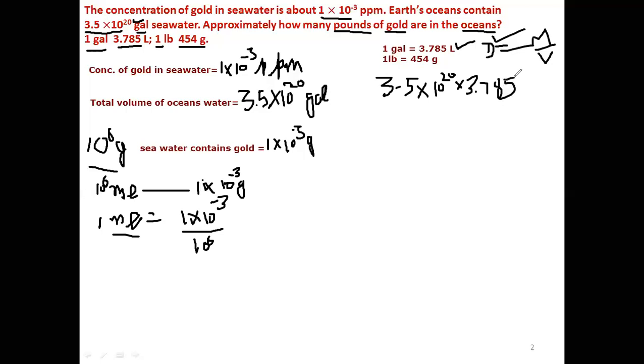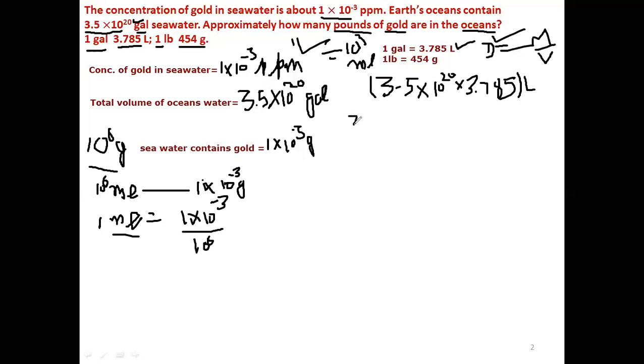So this much is the volume of ocean's water in liters, but we need in milliliters. So 1 liter is equal to 10 raised to the power 3 ml. So we can easily convert these liters to mLs by multiplying with 10 raised to the power 3.